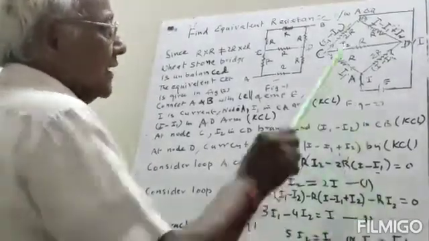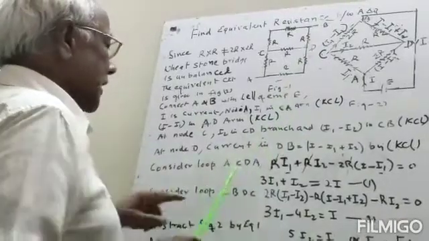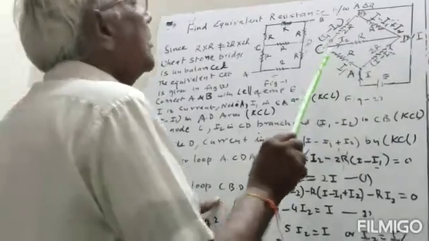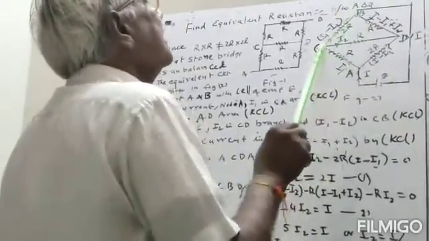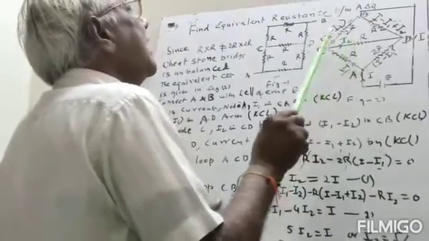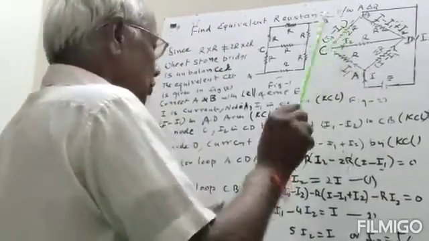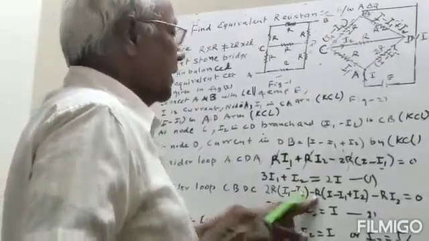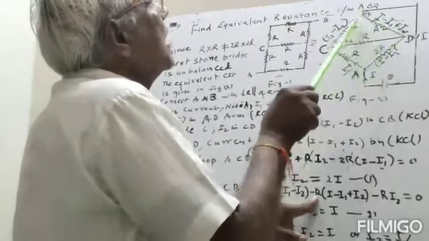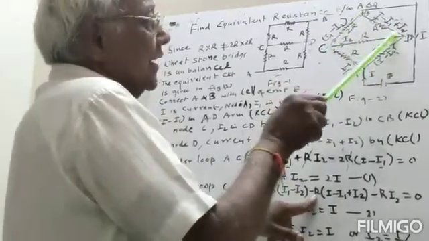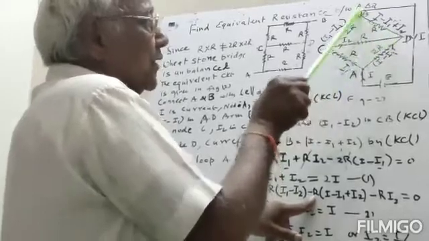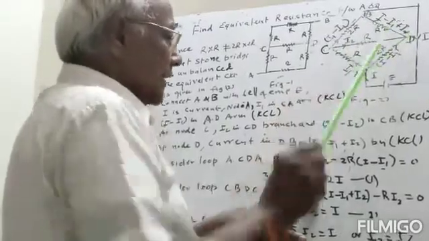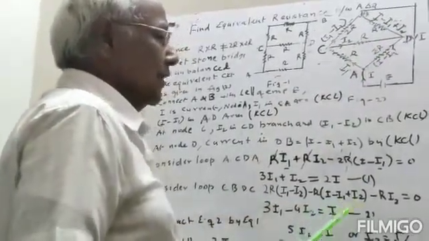Okay. Now we will take the second loop, which is CBDC, this branch. Now here we go from C to D. Then here resistance is 2R and current is I minus I2, so it is equal to 2R into I minus I2. Then here, now we are going from A to D and the direction of current is reverse, from D to A. So it will be equal to minus R times the current, which is I minus I1 plus I2.